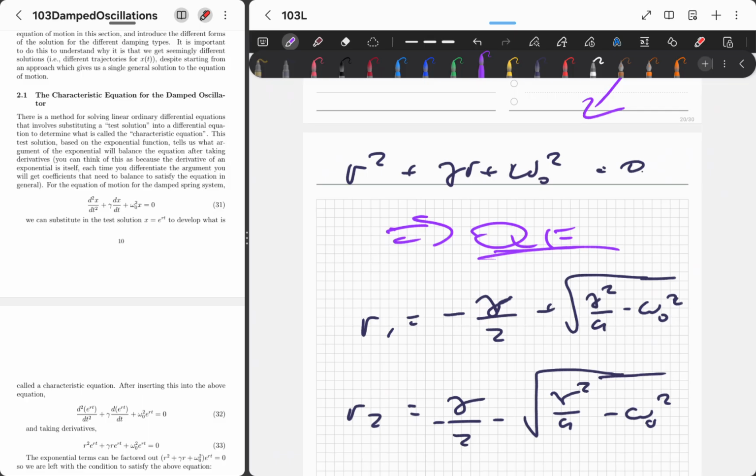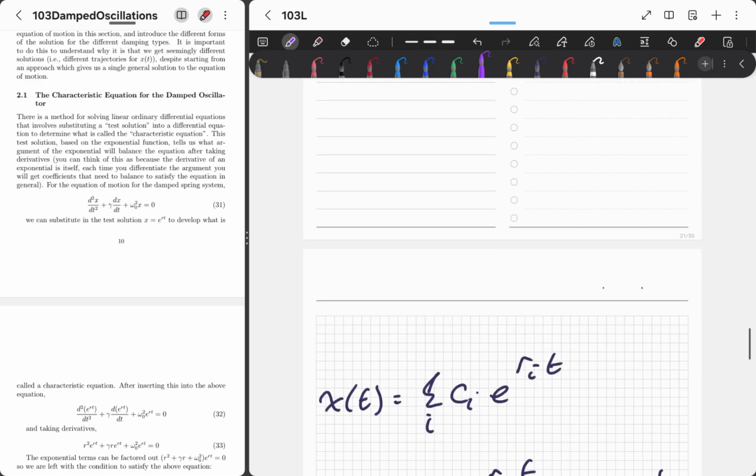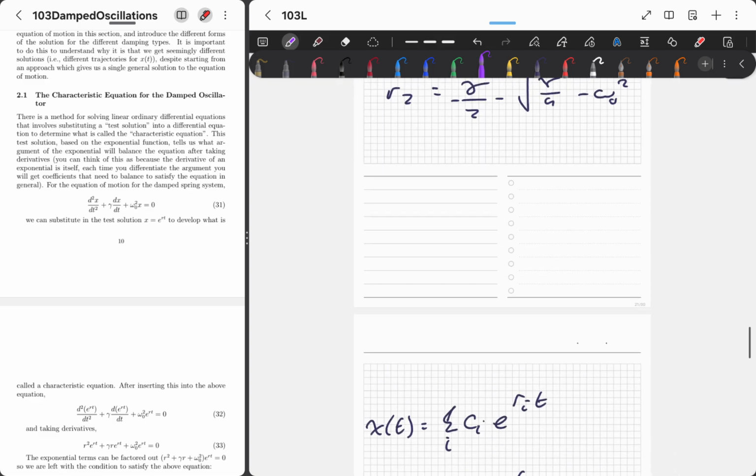So, we've solved our characteristic equation. What's the solution to our differential equation? We just need an exponential term for each one of the roots. So we plug in the first root, plug in the second root. They have arbitrary constants. That's where this stuff comes from. Now, remember, we had two initial conditions.